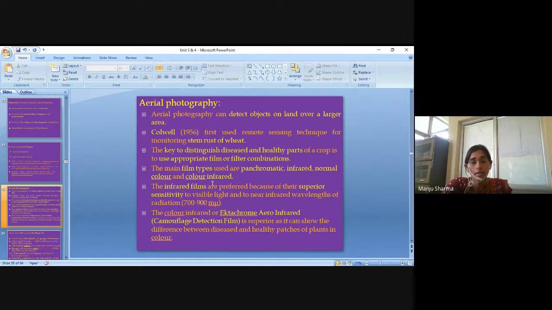The color infrared, Ektachrome Aero infrared, that is camouflage detection film, is superior as it can show the difference between diseased and healthy patches of plant in color.